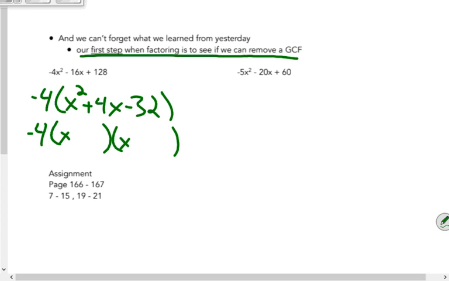Factors of 32: it's either going to be 8 and 4 or 16 times 2. I'm going with 8 and 4 to give me 4. But since it's positive 4, it's going to be positive 8, take away 4. See?